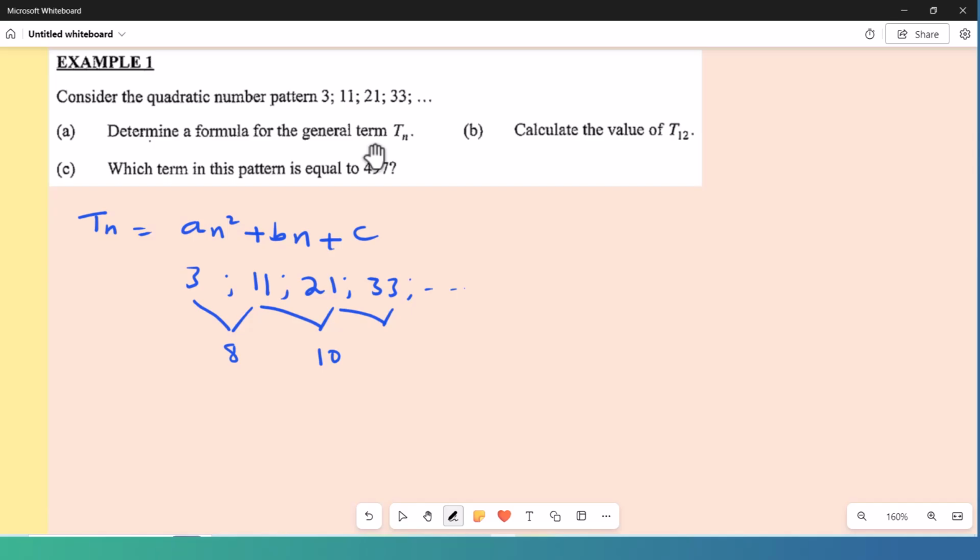We get 12. Now don't stop here. Go ahead to get your D2. Now this 10 minus 8, we get 2. 12 minus 10, we also get 2. Now the moment you get them, you can say this is our D2. This is our D1, and this is our T1.